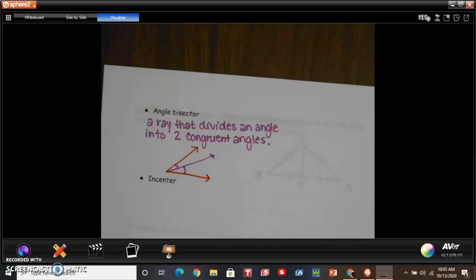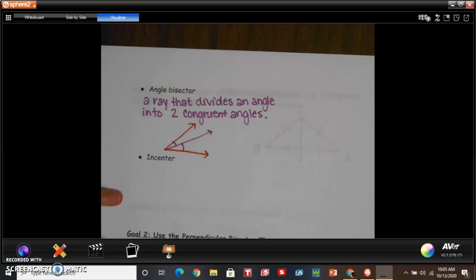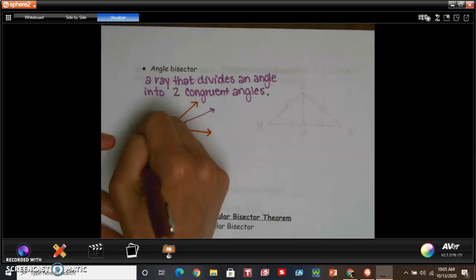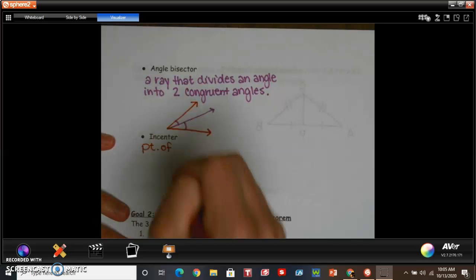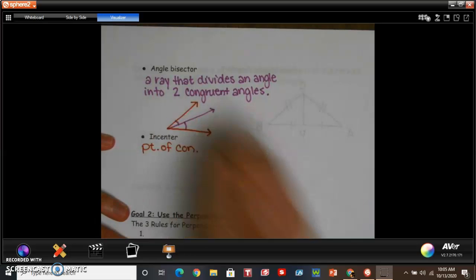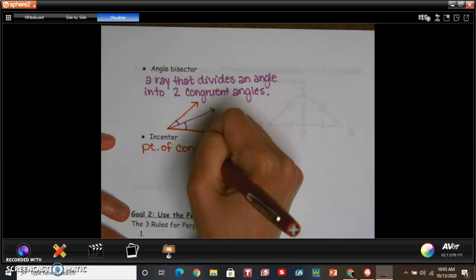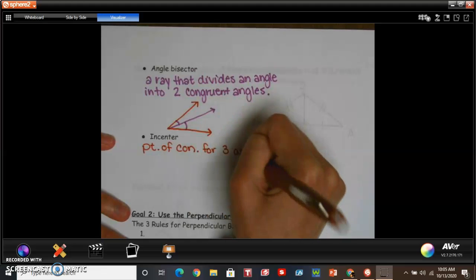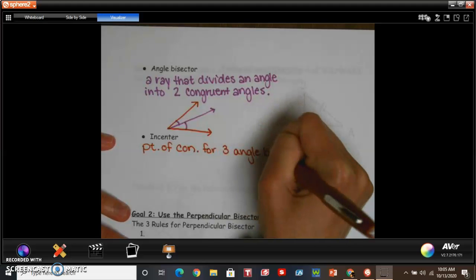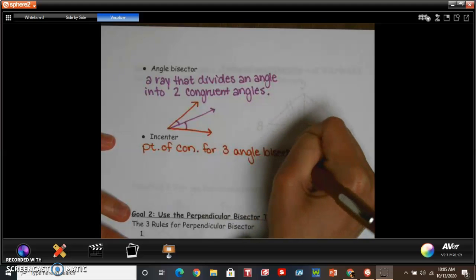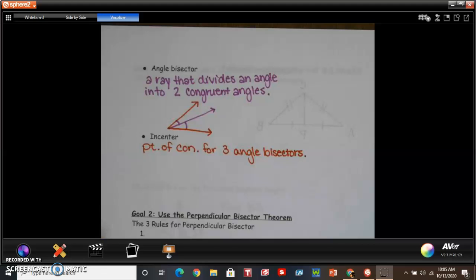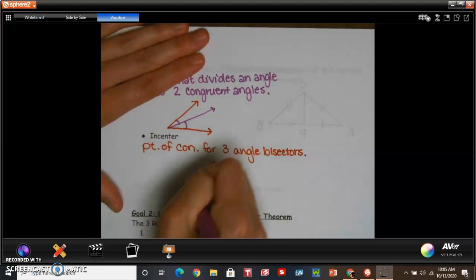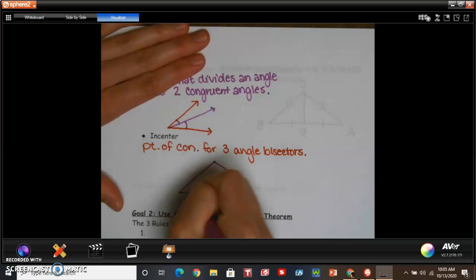That's an angle bisector. All right, and an incenter. This is the point of concurrency for three angle bisectors. All right, so let's say we have our triangle again, like so.